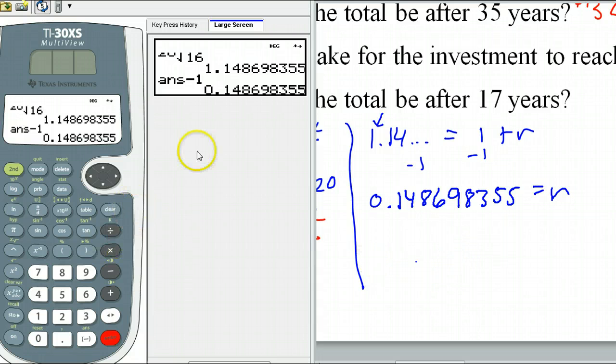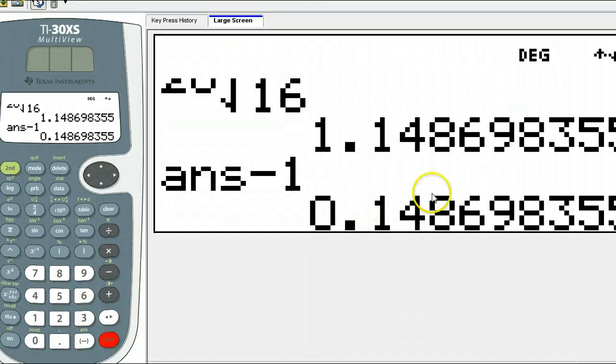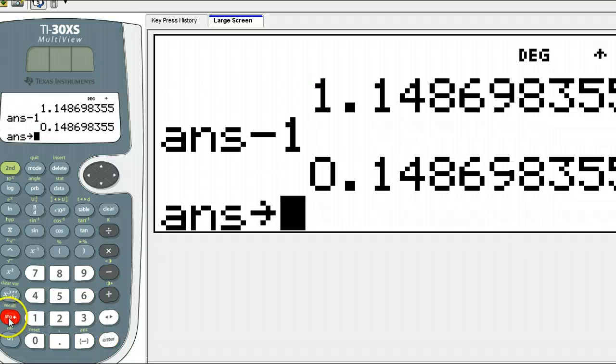Okay, what can I do here? One more trick I want to show you to save you from writing down all of these numbers to solve the problem. We've never used this feature before, so it's time to learn something new. With this value still on your screen, I can store this value. See this button right here that says STO with an arrow? That's telling us that we can store this value in any letter that I want.